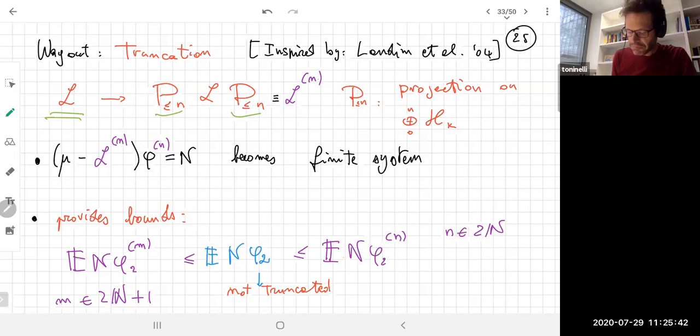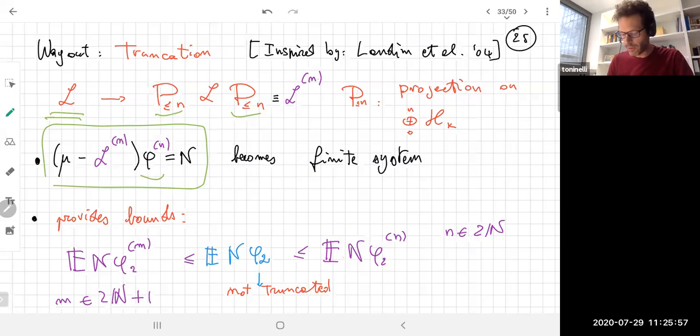And so now the idea is, well, let's look for this similar equation, except that now I take the truncated generator instead of the full one. And of course, the solution phi n will depend on n, no surprise. Now, there are two things which are interesting. First, it becomes a finite system, essentially by definition. And the second thing is that this solution is actually usable as a bound.